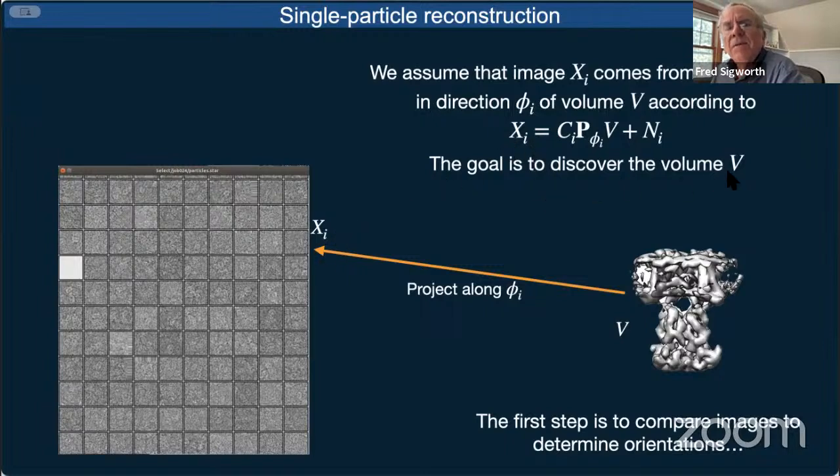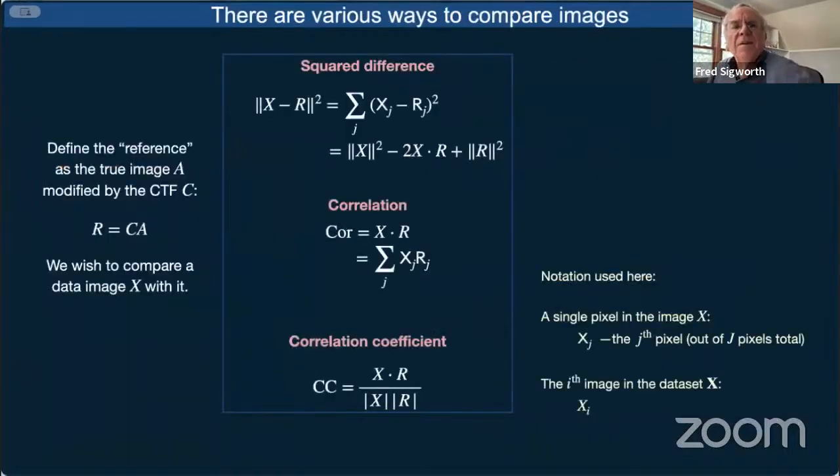And what we want to do, of course, is discover what is the volume that is projected and winds up in the particle image. And of course, the first step is to figure out the orientation angles to start with.